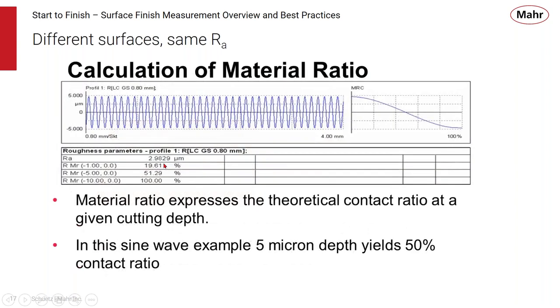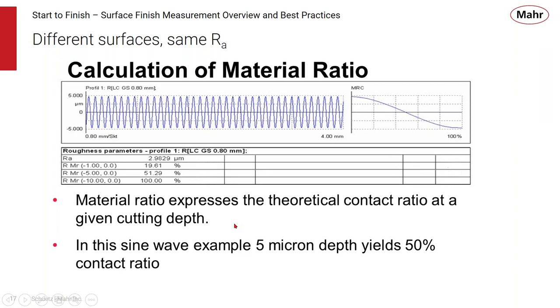So by using a calculation which is available in many of the portable surface finish gauges, you can start analyzing and predicting, for example, how much contact ratio is at a given depth. So, you can see with a sine wave that at a depth of 50%, you can calculate what the contact ratio is going to be.